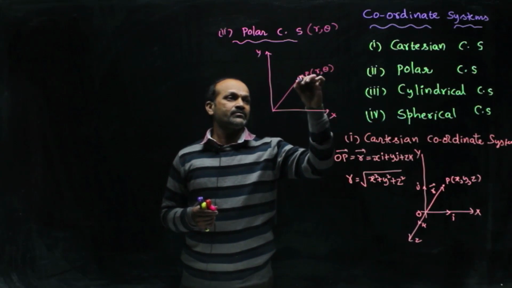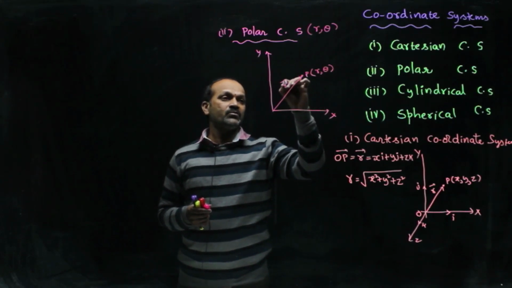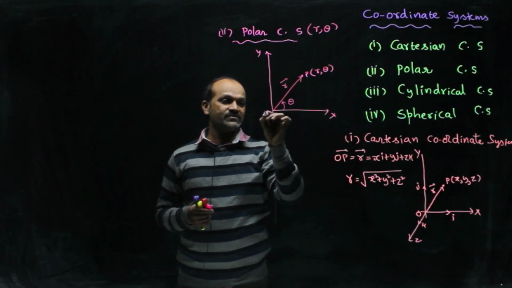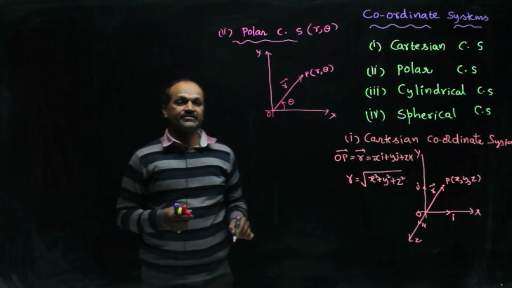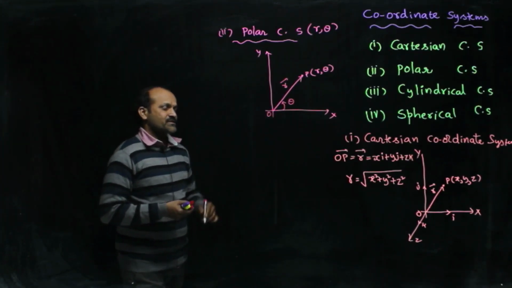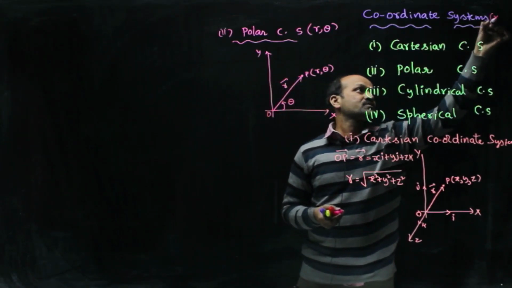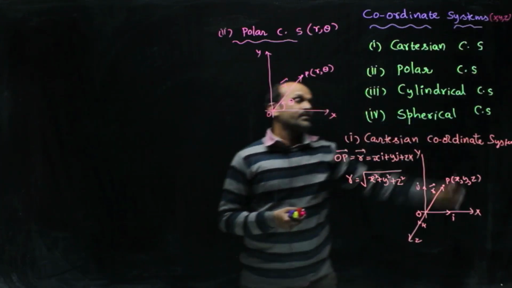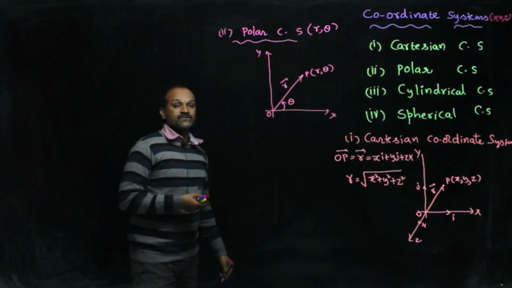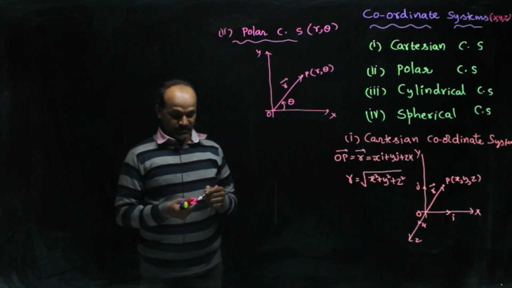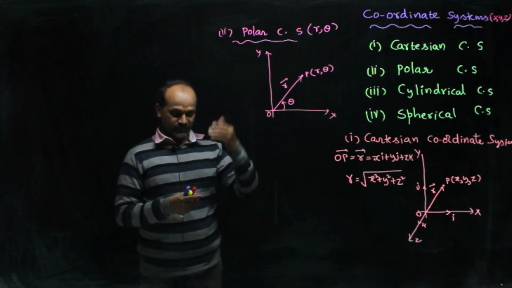This is R bar, and it makes angle theta with the x-axis. In the Cartesian system, x, y, z are the coordinates. Here in the polar coordinate system, r and theta are the parameters.